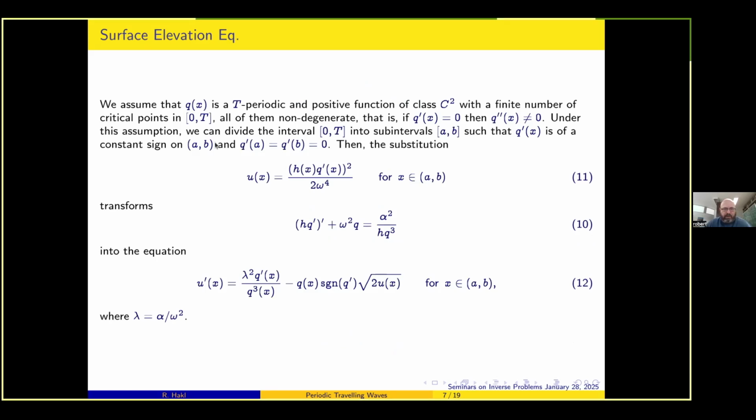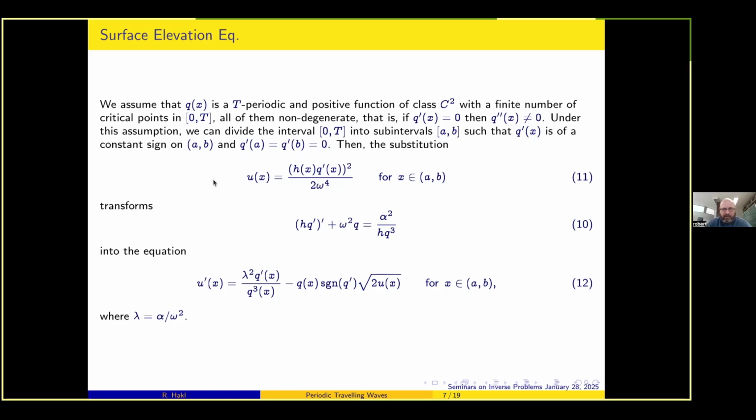So we divide the interval 0, T into subintervals a, b, such that at the endpoints the derivative of q is 0, and inside the interval a, b, q prime is of constant sign.